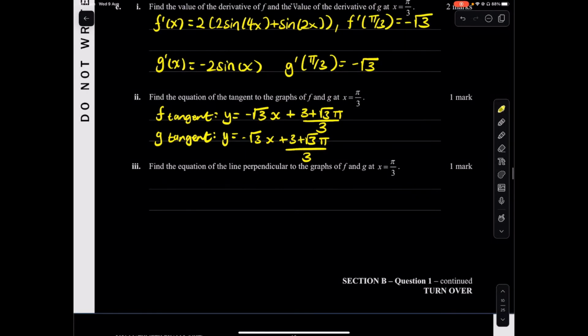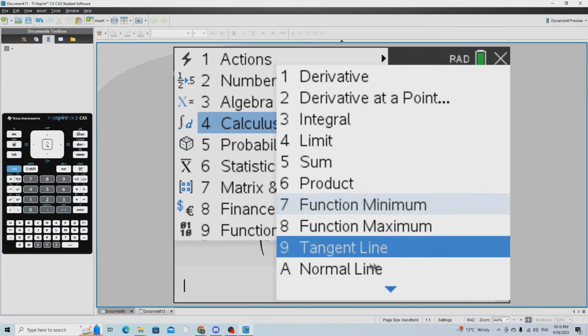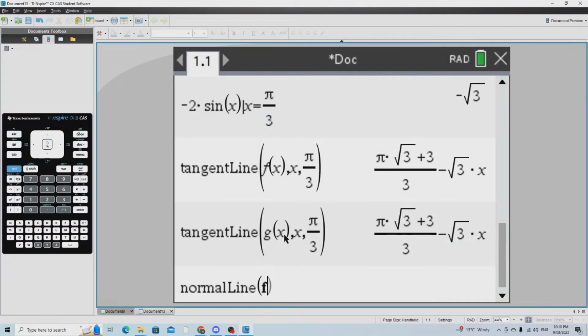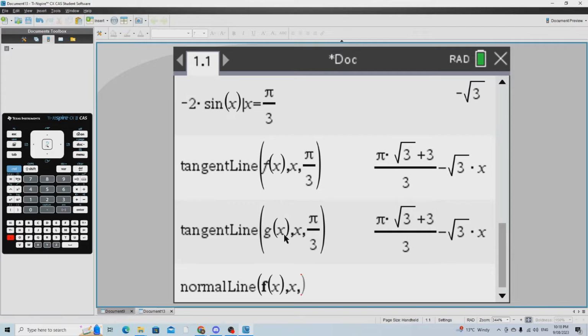Okay, nice. Find the equation of the line perpendicular to the graph of f and g. So the same thing. So f normal now of y equals and g normal of y equals. Menu, calculus, normal line of f of x, comma, pi on 3.